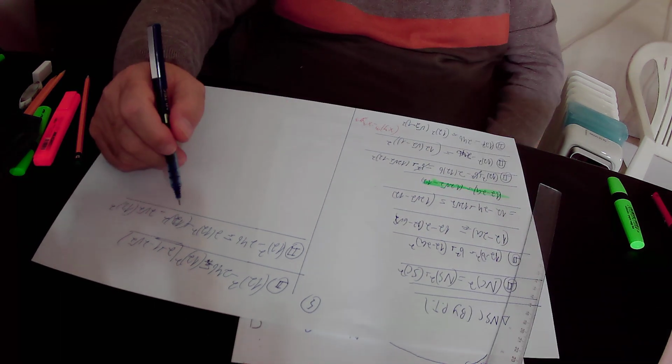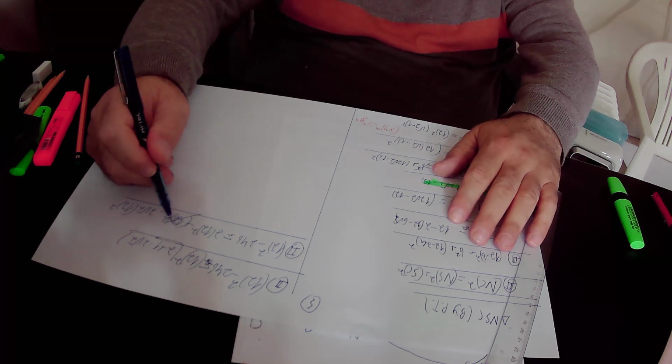Here we have 12 squared on both sides of the equation, so 12 squared will get cancelled.